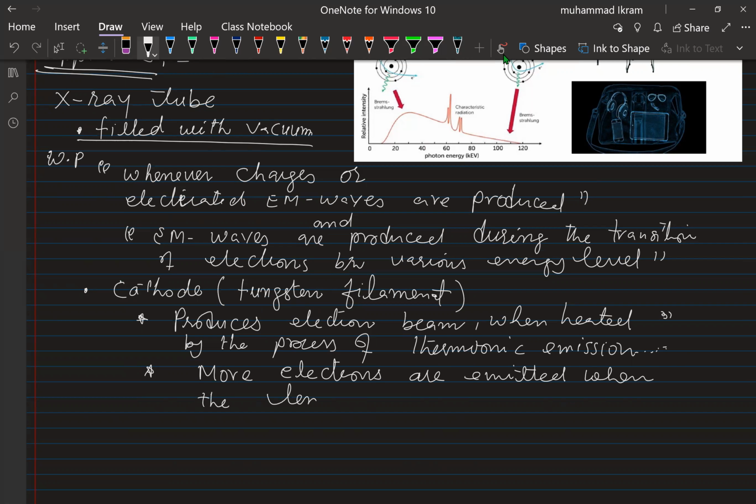When it is increased, more electrons are emitted. Another important point: besides the cathode, there is the anode also.